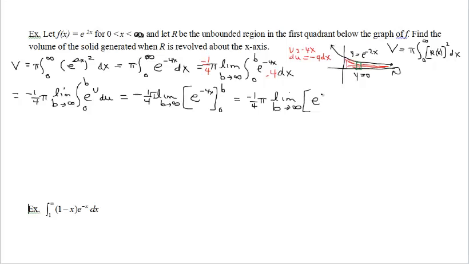So we're going to have e to the negative 4b minus e to the 0 when I plug in those limits. So a little cleanup here. I'll apply the limit. I'll multiply the answer by negative pi over 4. Now I think actually I'm going to wrap it down here. I have the room. So negative pi over 4. I'm going to stack it now.